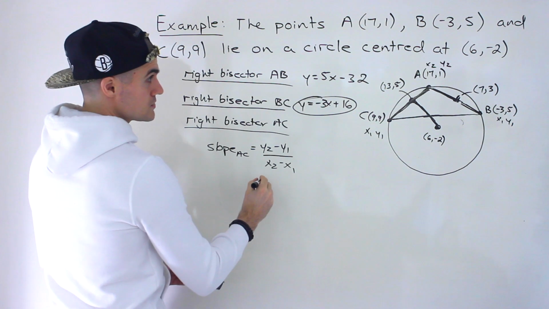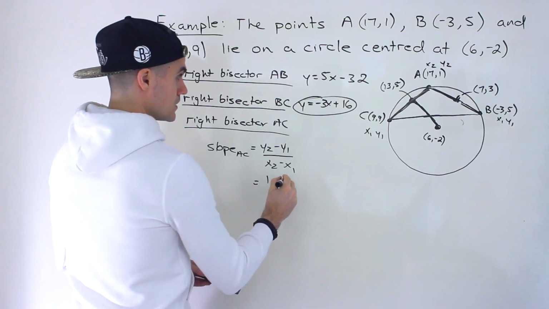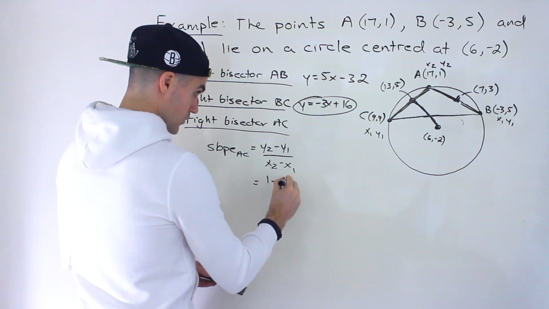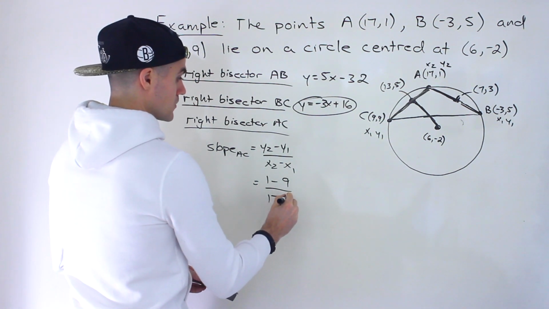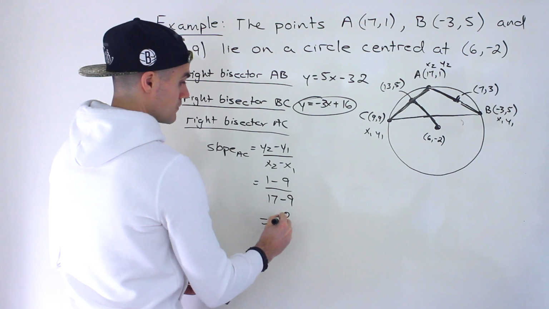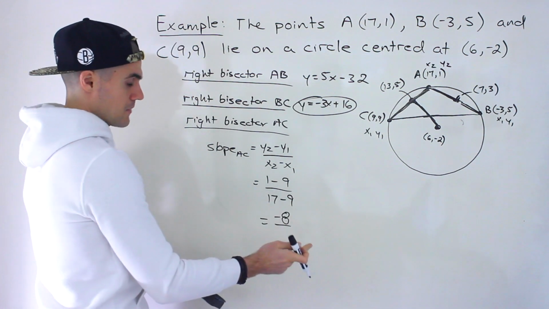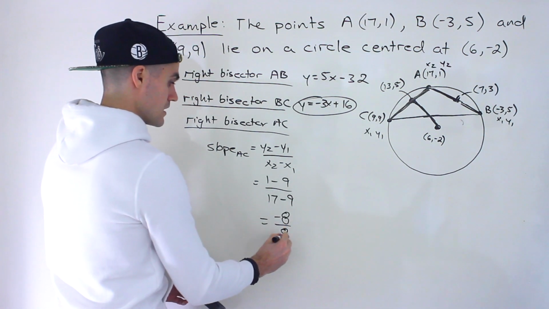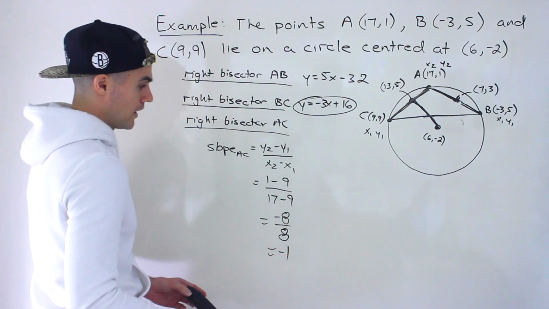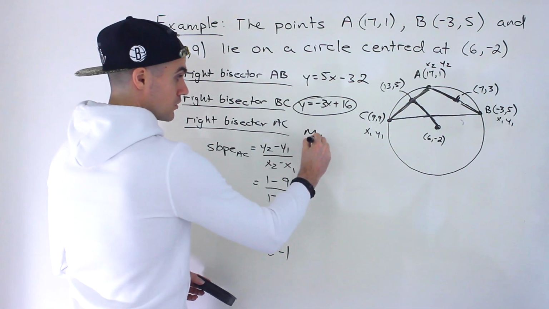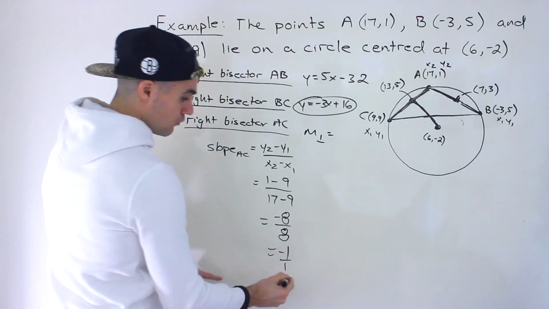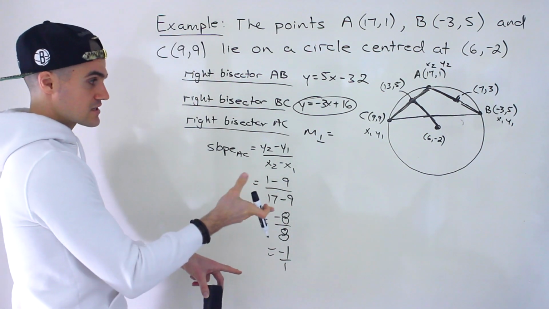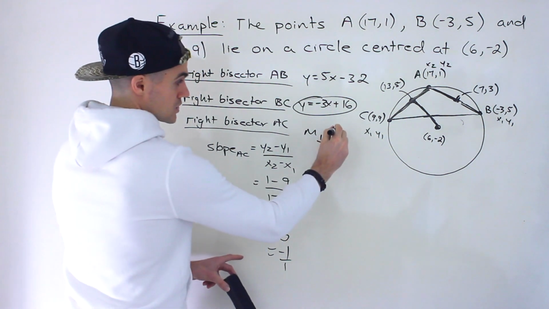So we'd have y2, which is 1, minus y1, which is 9, over x2, which is 17, minus x1, which is 9. So this would be negative 8 over 17 minus 9 gives us positive 8. This would be negative 1. What's the negative reciprocal of negative 1? Well, negative 1 is like over 1. We flip that, change the sign, and be positive 1 over 1, which is just 1.